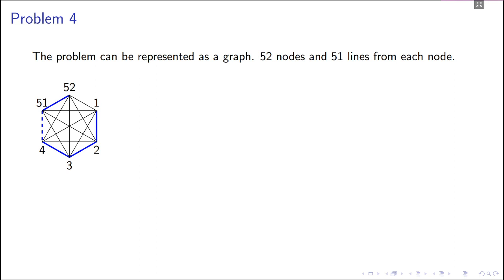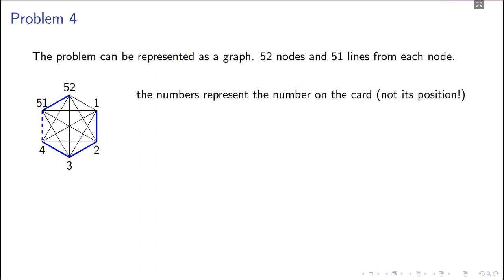There's a small care that you have to take: these numbers, 1 to 52, do not represent the position of the card. They actually represent the numbers on the cards. That's important, because if they represent the position, then you are not sure where these blue lines are, and these blue lines are the ones that you are interested in finding.